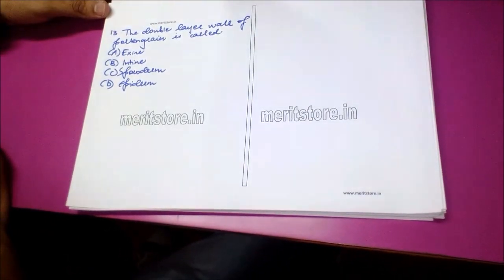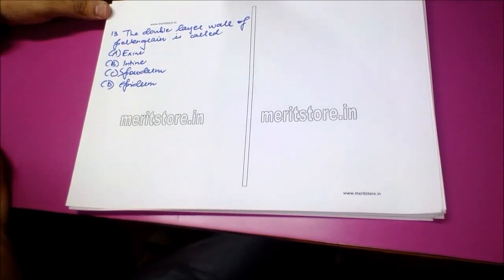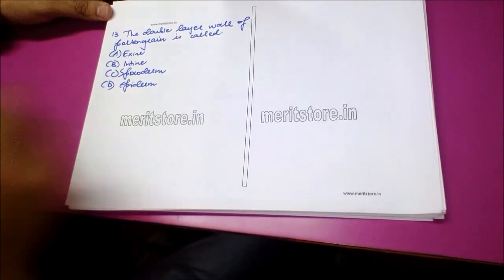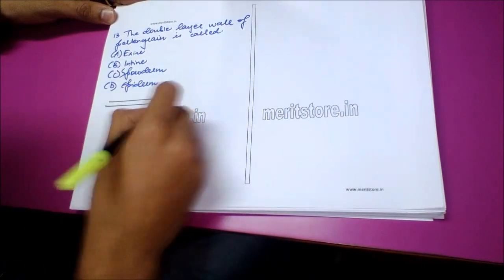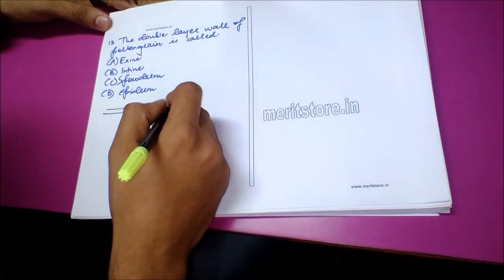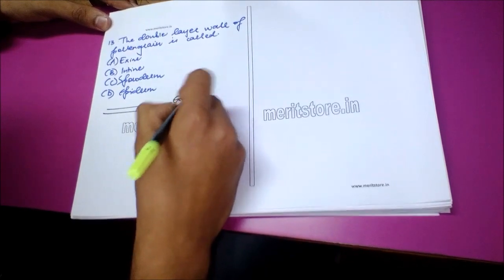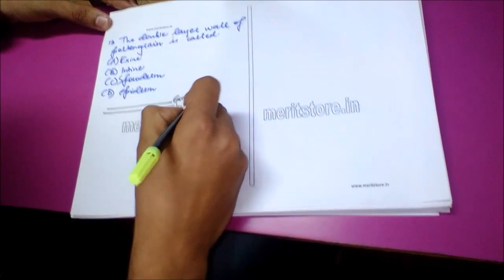Our next question is, the double layer wall of pollen grain is called option A, exine, option B, intine, option C, sporoderm, and option D, epiderm. The pollen grain is a double membrane bound structure with the outer membrane known as exine and the inner as intine.